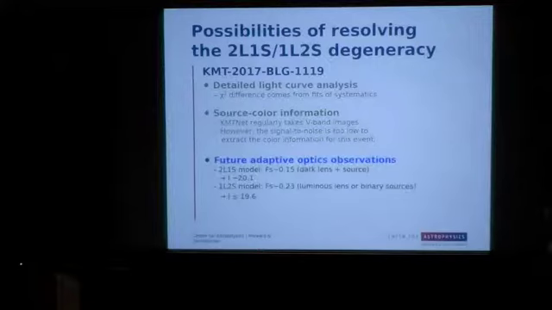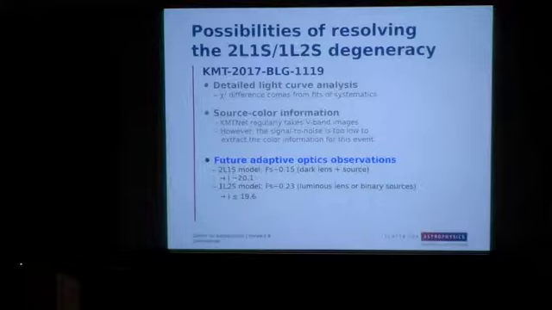So now I suggest another method. From the modeling, I found the source flux is very different for the two solutions. For the binary lens solution, the source flux is about 0.15. For the binary source solution, the source flux is about 0.23.